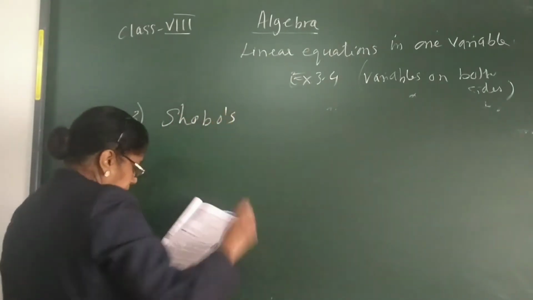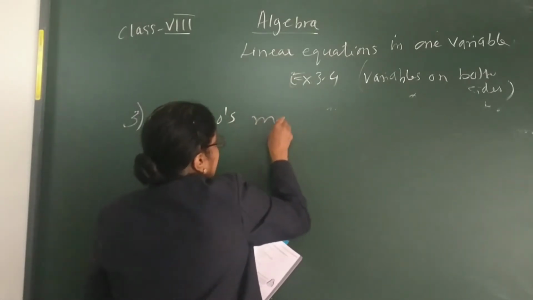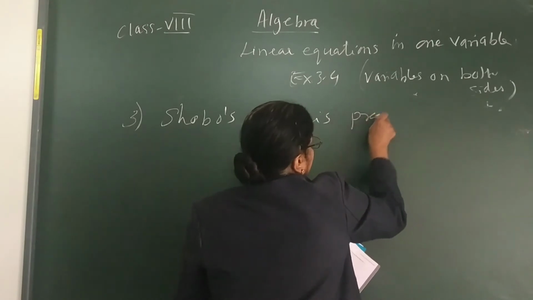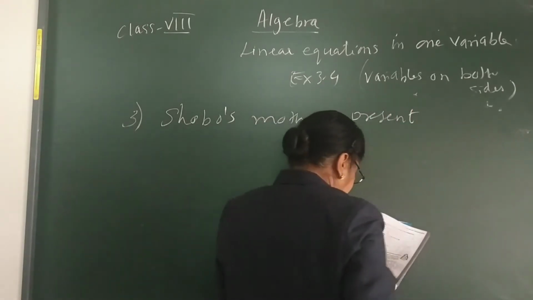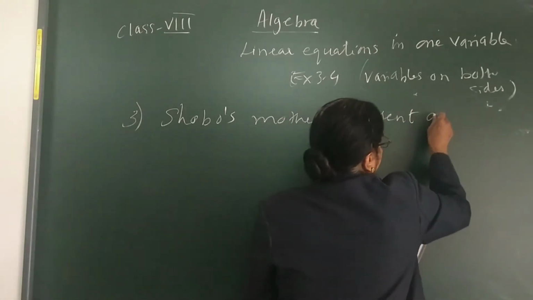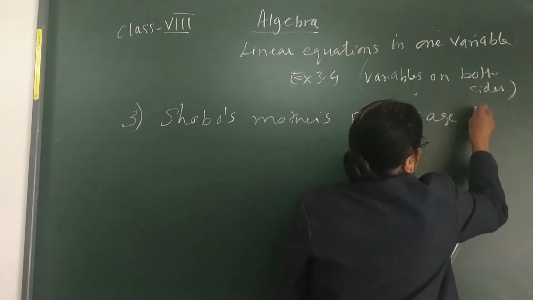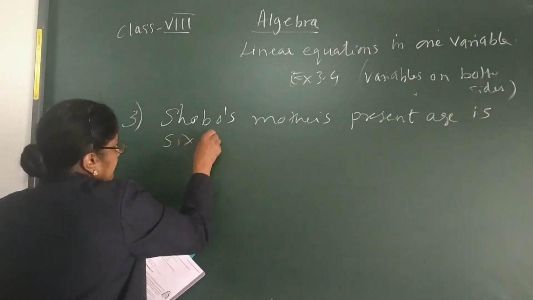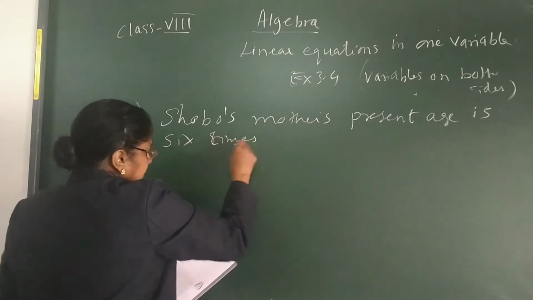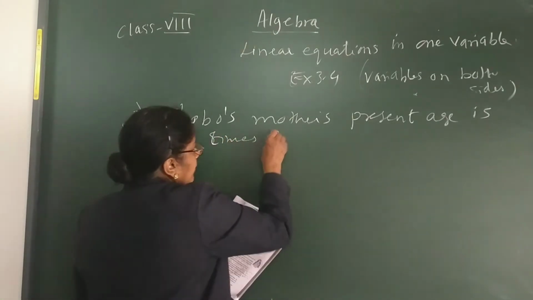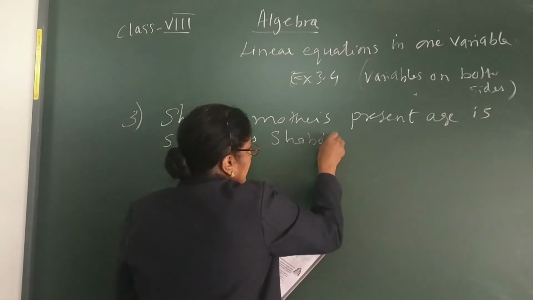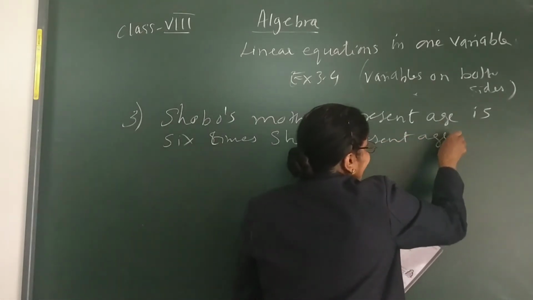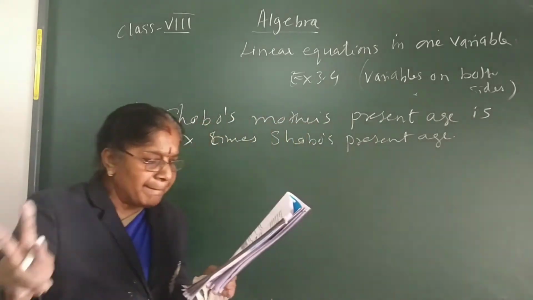Shobo's mother's present age is 6 times Shobo's present age. So here Shobo and mother are given and the ages between them are compared.